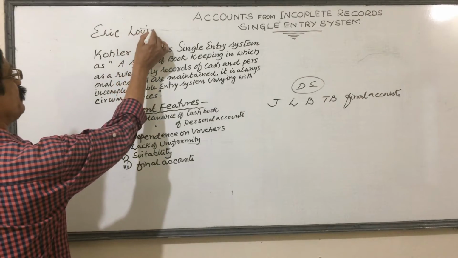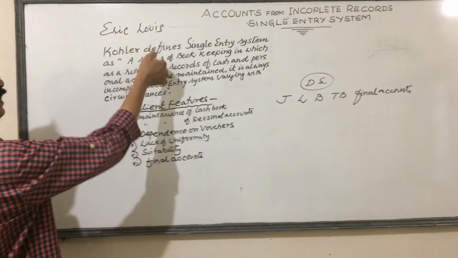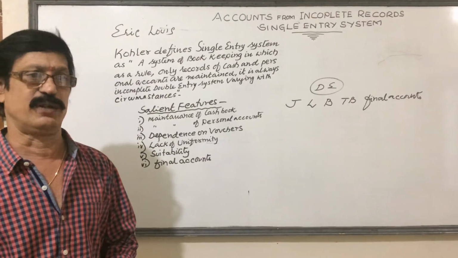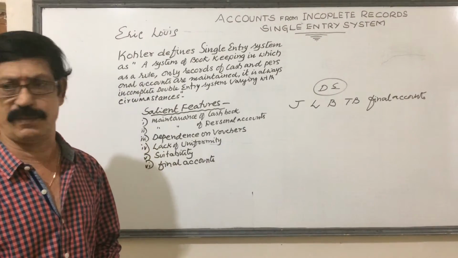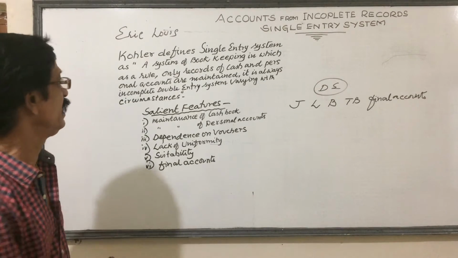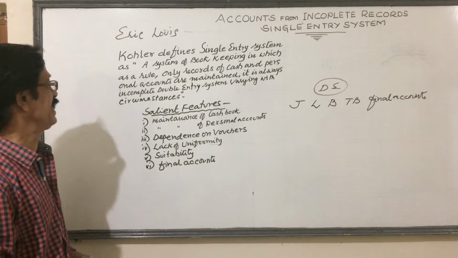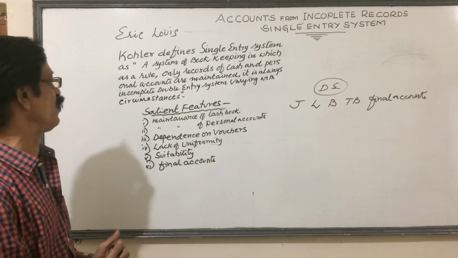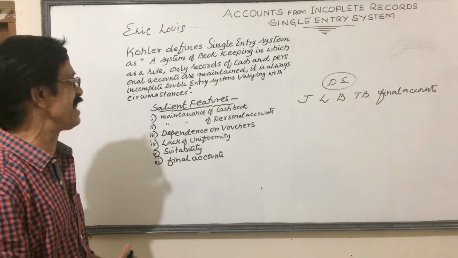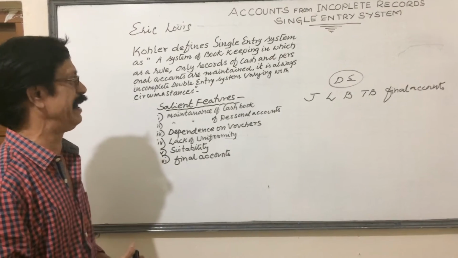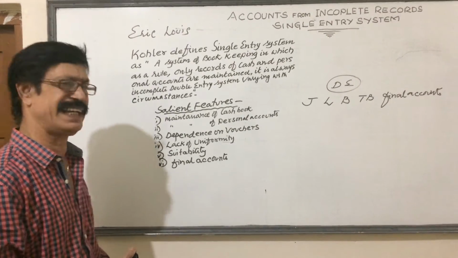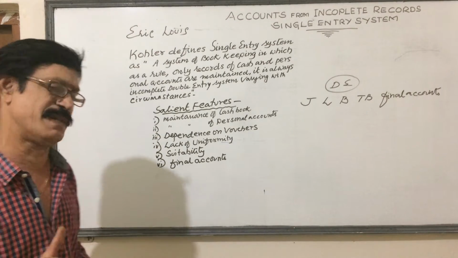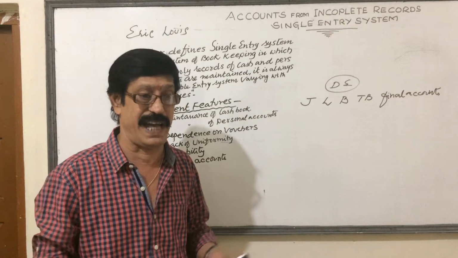Eric Louis Kohler defines in his book Dictionary for Accountants, he is actually from America, an American, he defined single entry system as a system of bookkeeping in which, as a rule, only records of cash and personal accounts are maintained, and it is always an incomplete double entry system, varying based on circumstances and requirements.